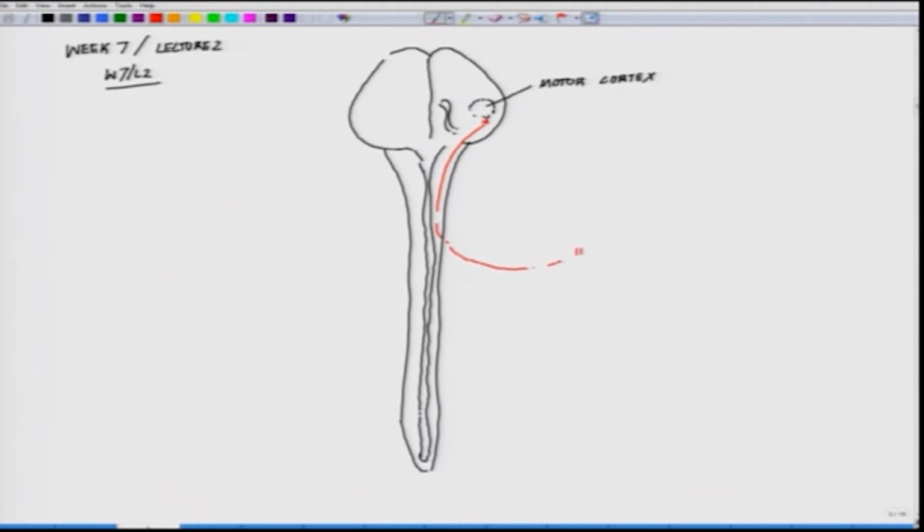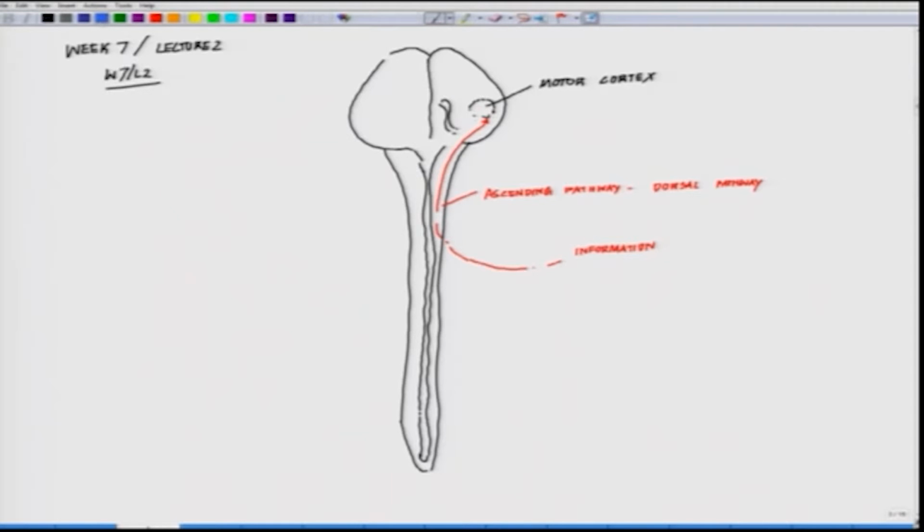So this is the info, and along the ascending pathway, which is also called the dorsal pathway, the information, the electrical impulse, goes to the motor cortex.